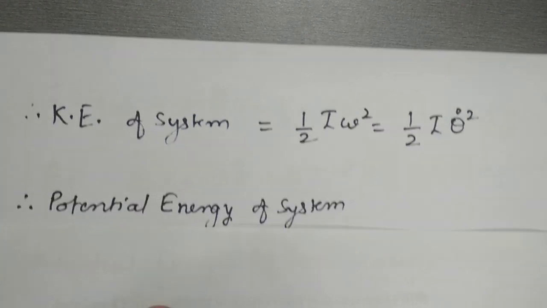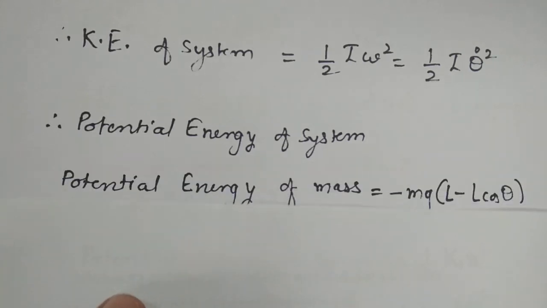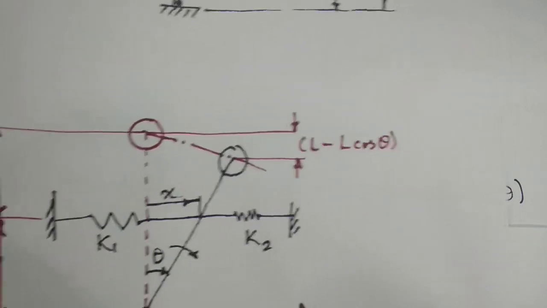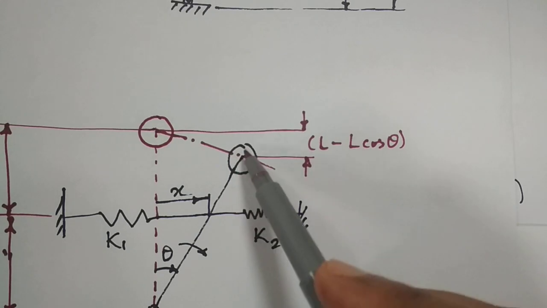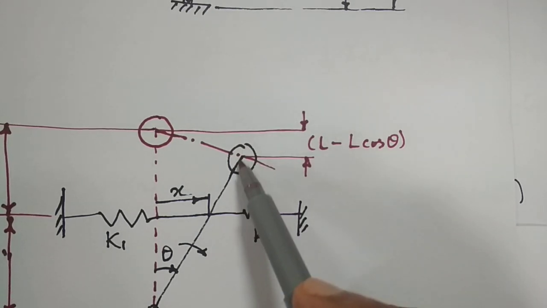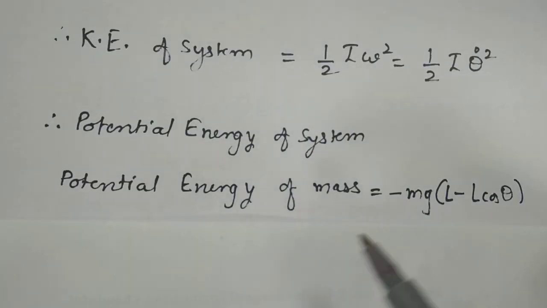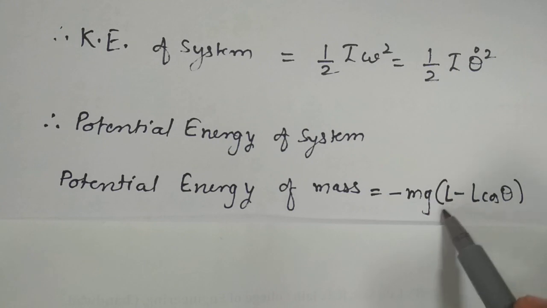Then the potential energy present in the system. What are the potential energies present? First is the potential energy of the mass. As this mass is moving downward, the height is negative, so the potential energy will be negative mgh: minus mg times (L minus L cos theta).